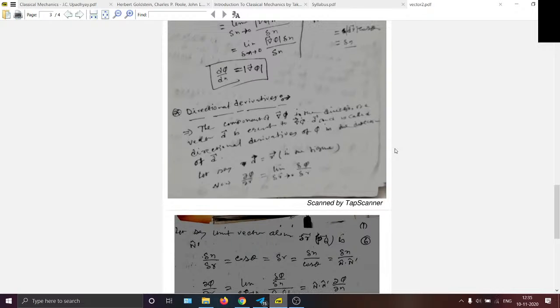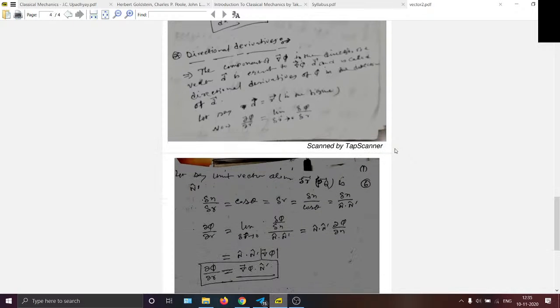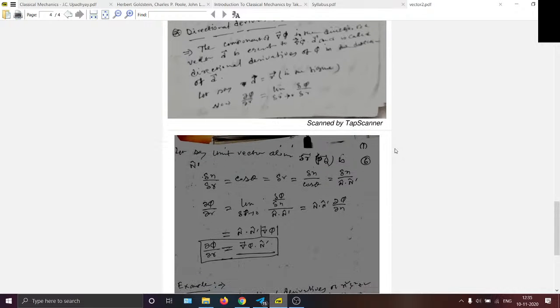field phi. Now if you take a projection of that along any other vector or direction, let's say here it is d, or it could be any direction vector, you get the component of your grad phi along that other direction.